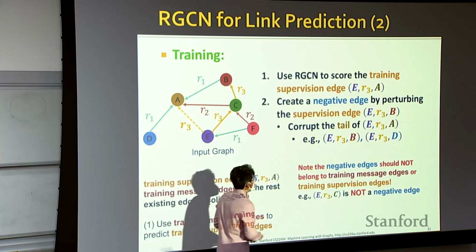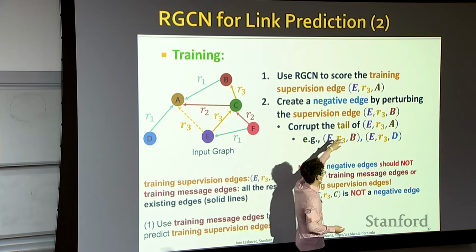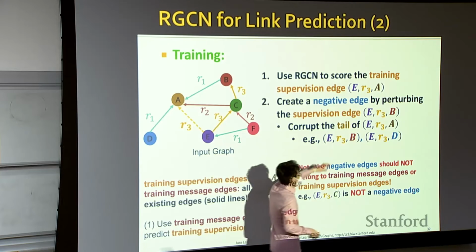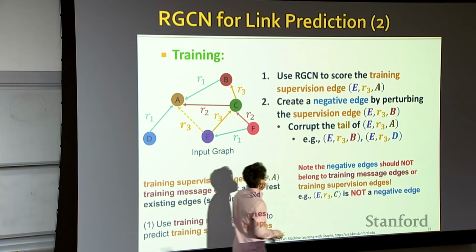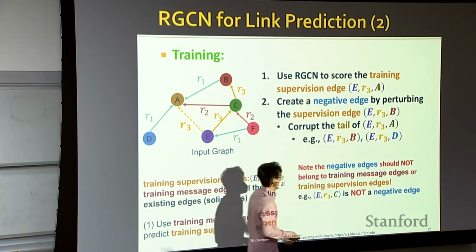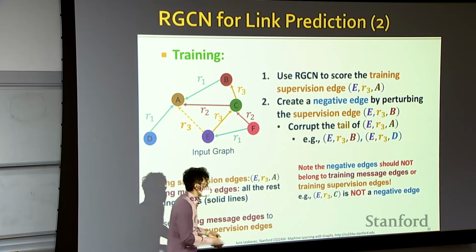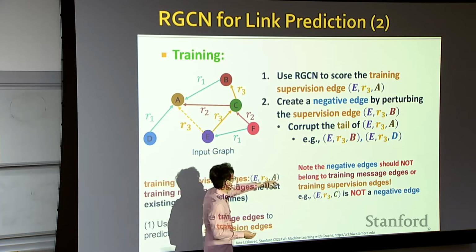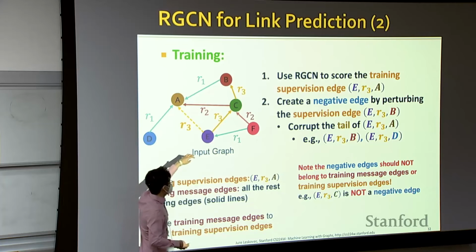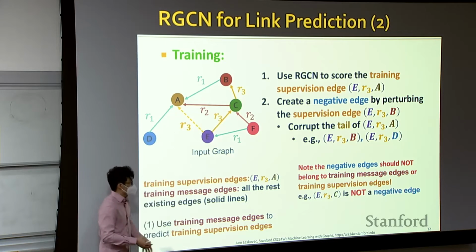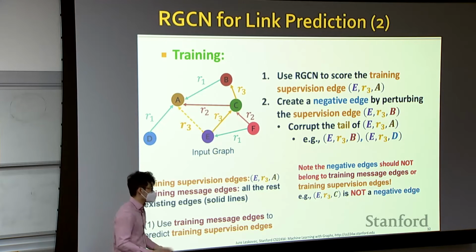What I mean is, for example, we know there's the ground truth connectivity between E and A, and then we can corrupt the tail of this tuple to swap A with node B and D. And you can see that the edges between E and B and between E and D do not exist in the network, right?